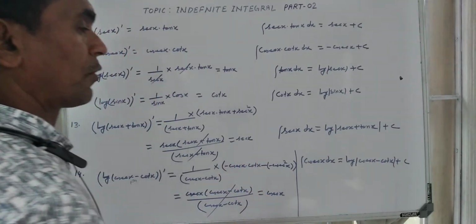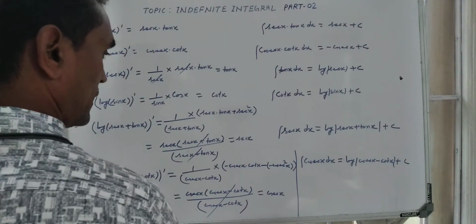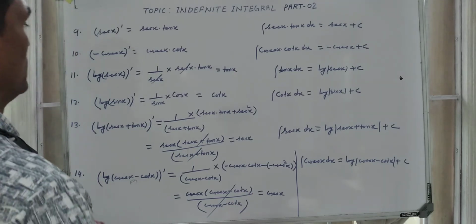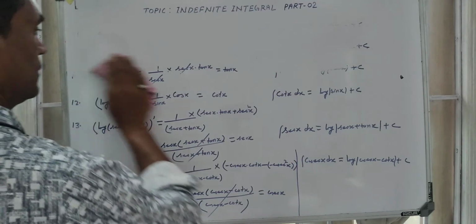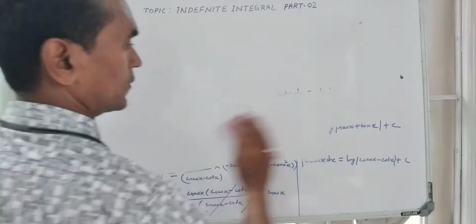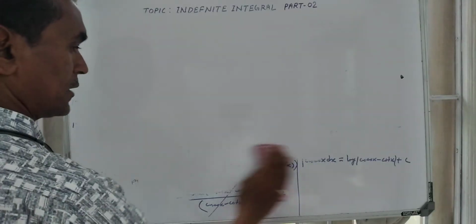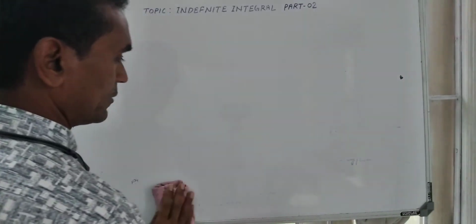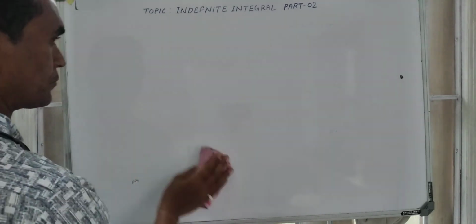So all the formula we are getting directly from derivative, and it is easy to learn it because formula are derived from derivative. So whenever you forget, you can derive it. So in the first time, I suggest you derive each and every formula, then try to learn.